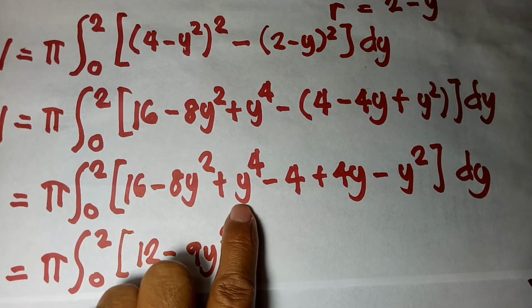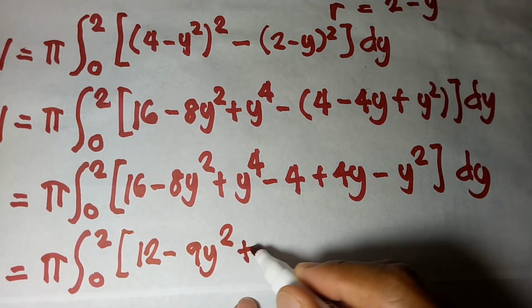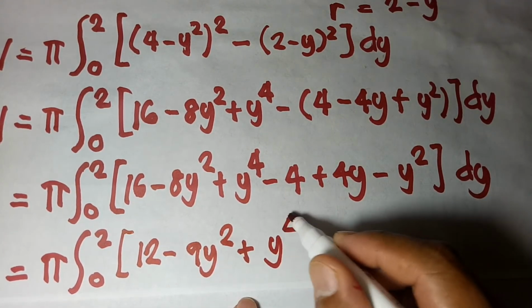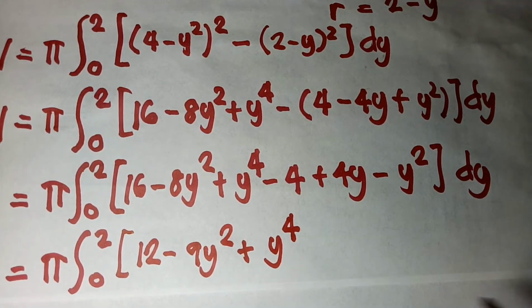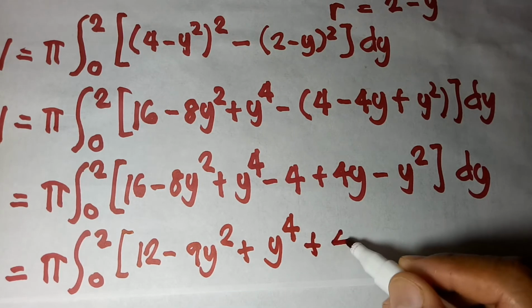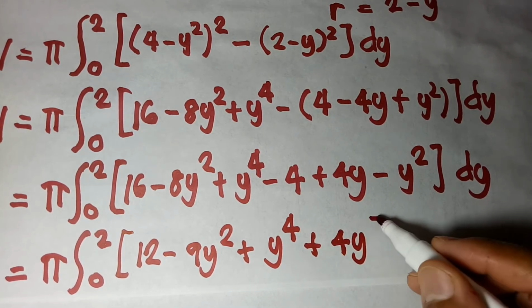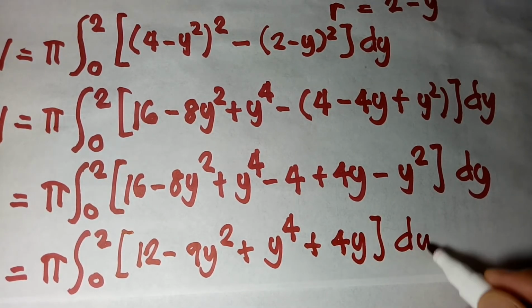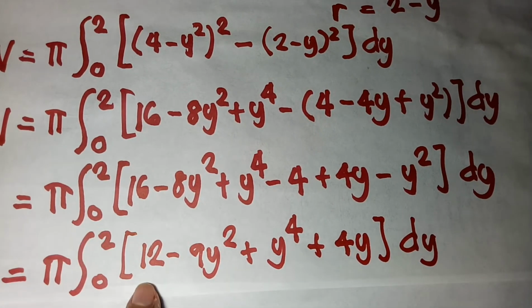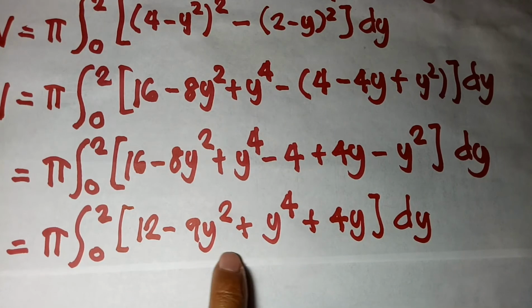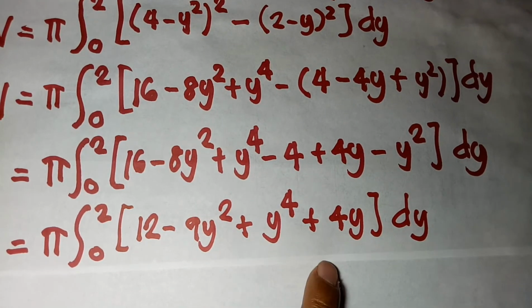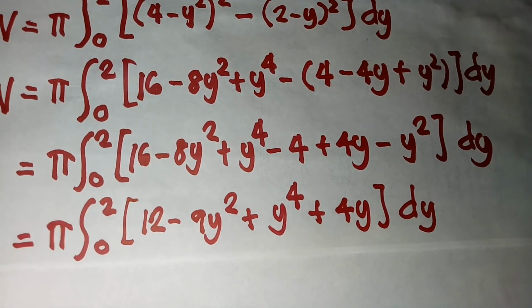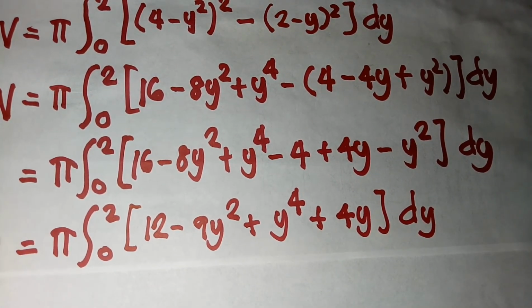And then plus y to the 4th, and then plus 4y, and then times dy. So, meron tayong 12 minus 9y squared plus y to the 4th and then plus 4y dy. Let us integrate now.